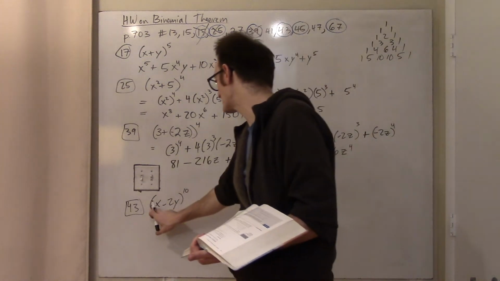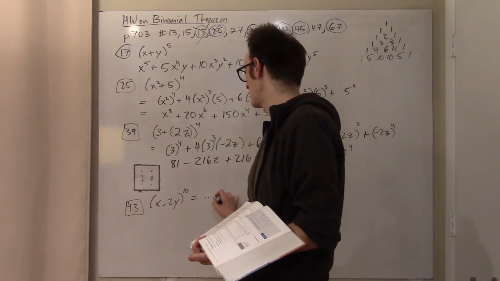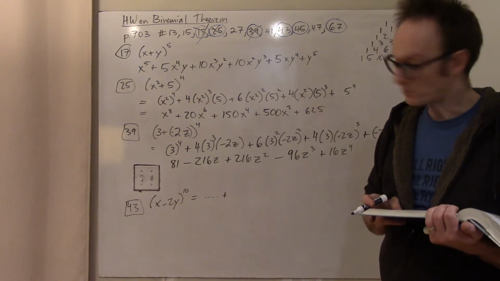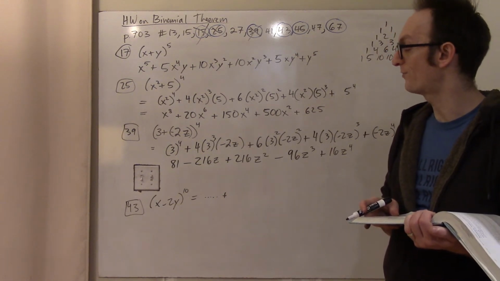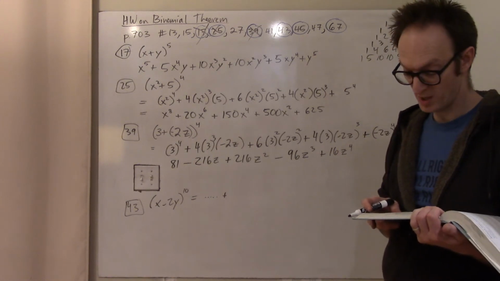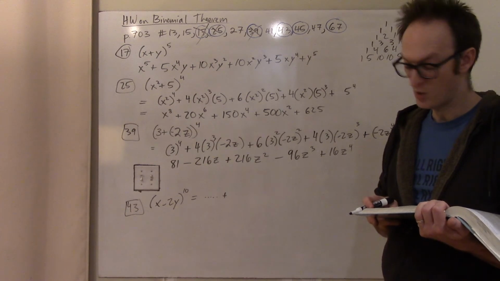So when you expand out x minus 2y to the 10th, what are you going to get? You're going to get a bunch of things, but what I want to know right now is the coefficient of the term which is x to the 8th y squared.